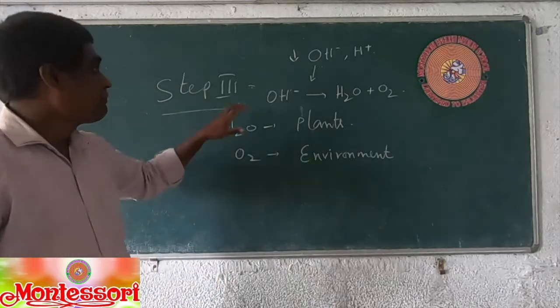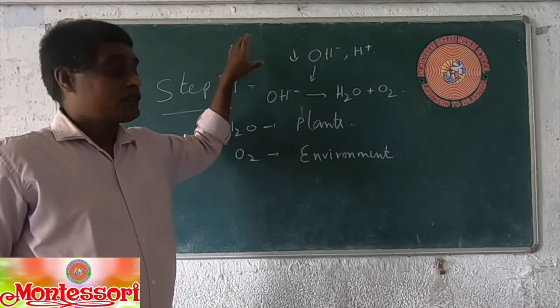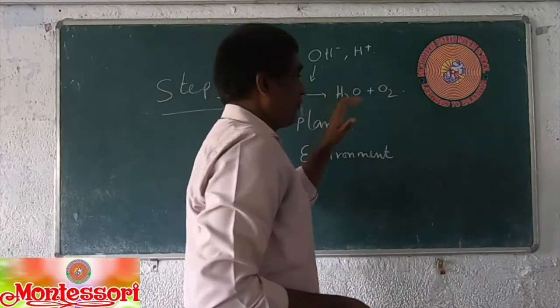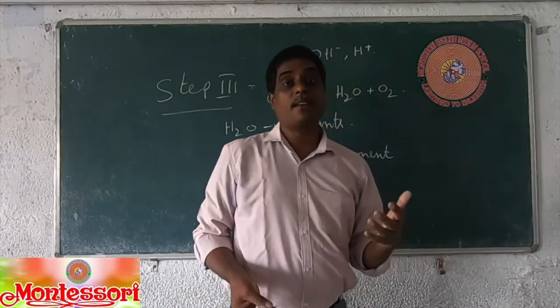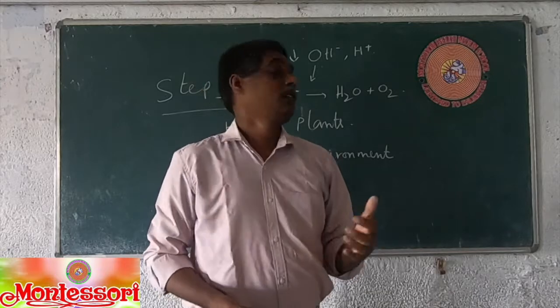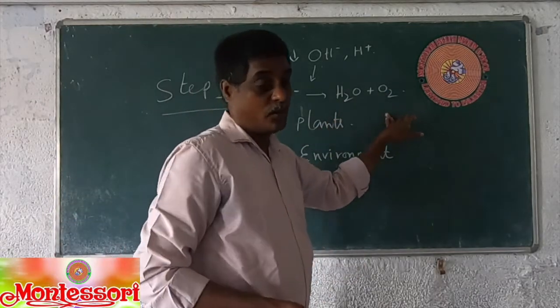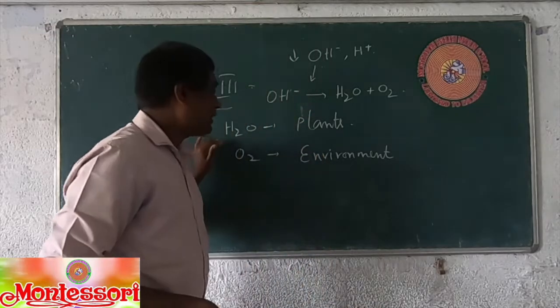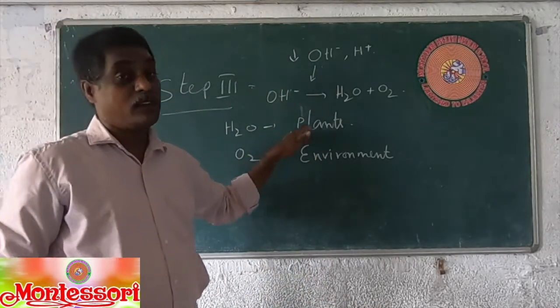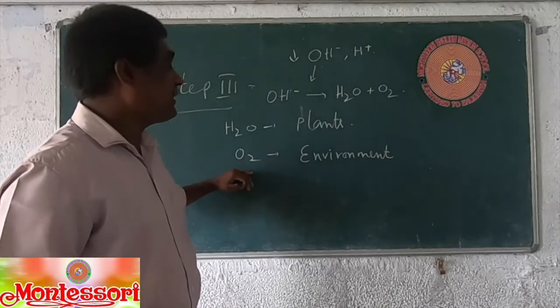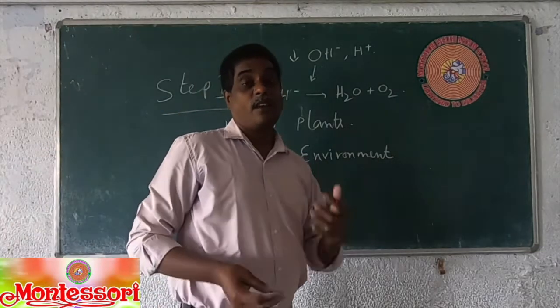So here in step 3, the OH minus ions participate in a series of reactions, and they form water and oxygen molecules. These water molecules are utilized by the plants for their requirements, whereas the oxygen is released into the environment.